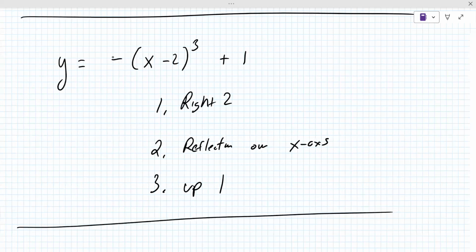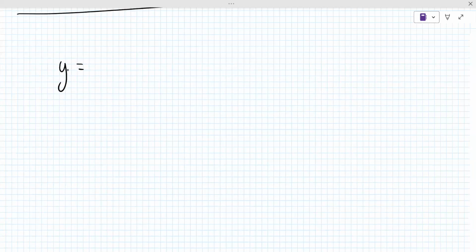Okay, let's look at another one here. This has 2 transformations.